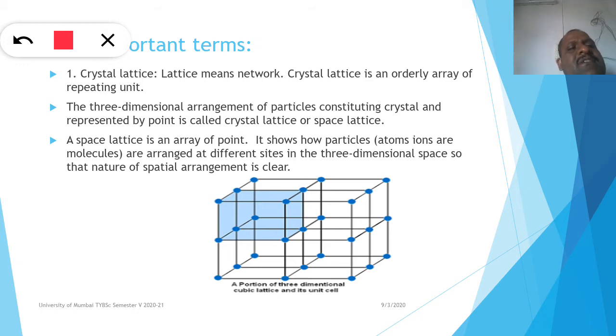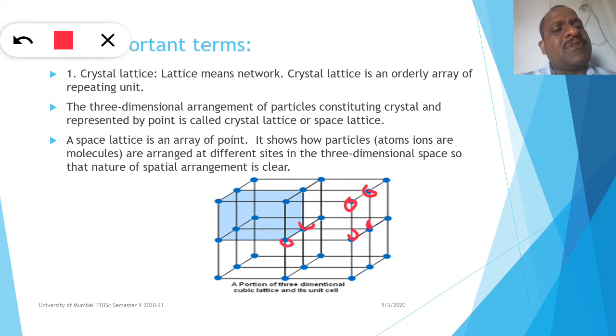You can see this point is joined with this point. Likewise, when all 8 points are joined they form a particular shape called a unit cell, and there are many unit cells present in one crystal lattice.